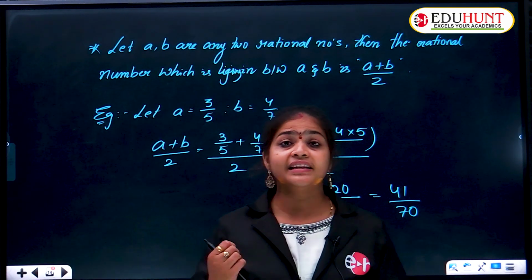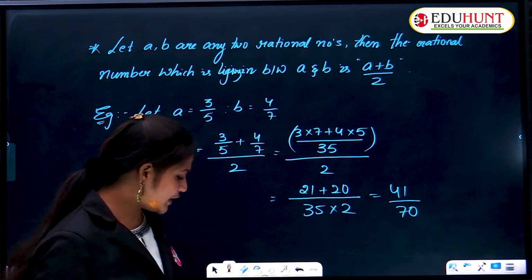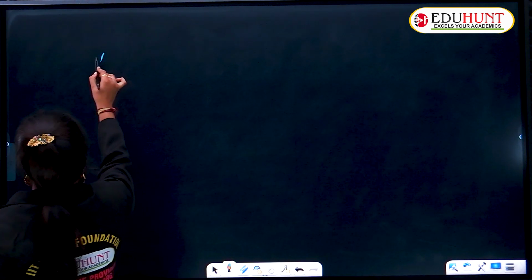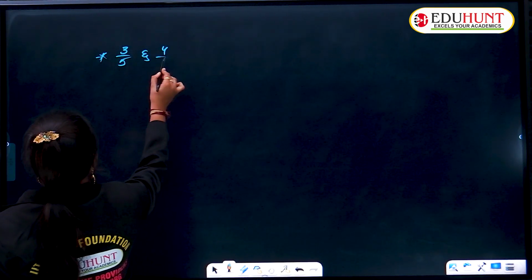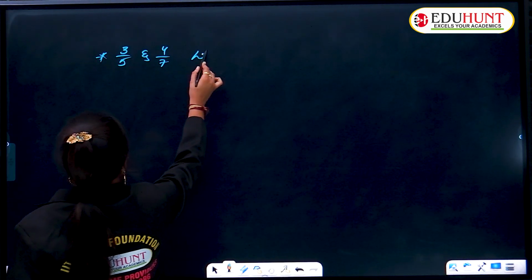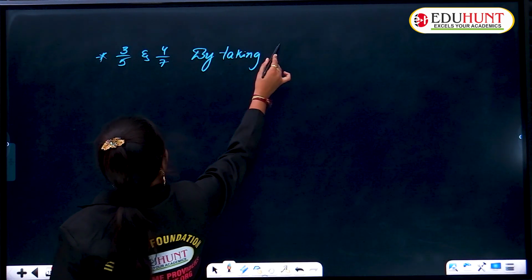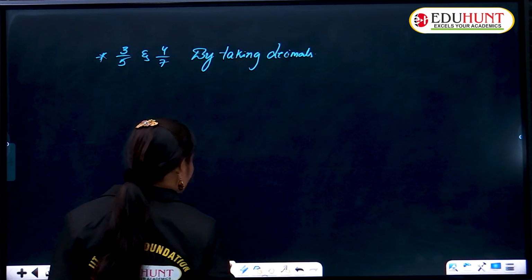Actually here we also have the decimal method. Once I will explain, see that. Decimal method means in between 3 by 5 and 4 by 7, by taking decimals, how to simplify this one?